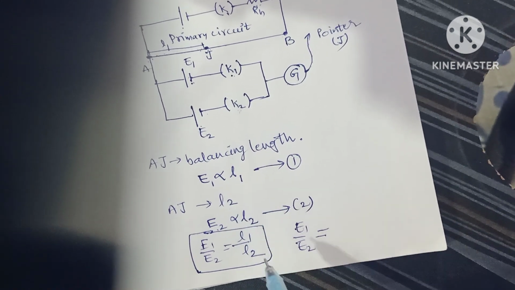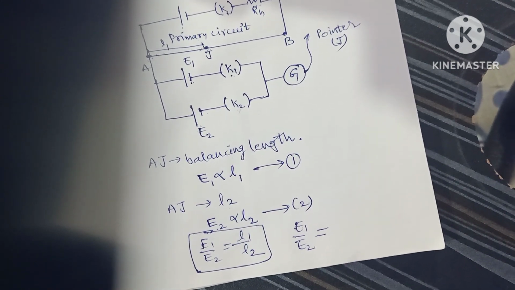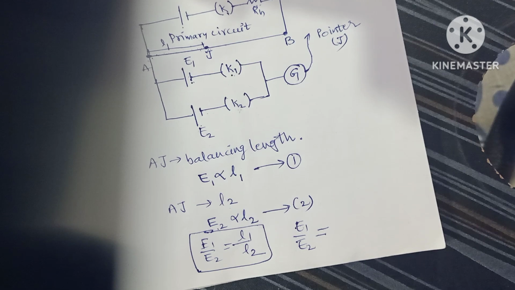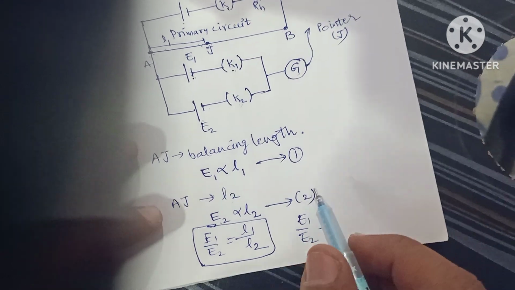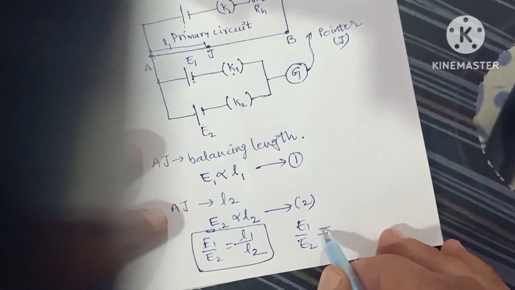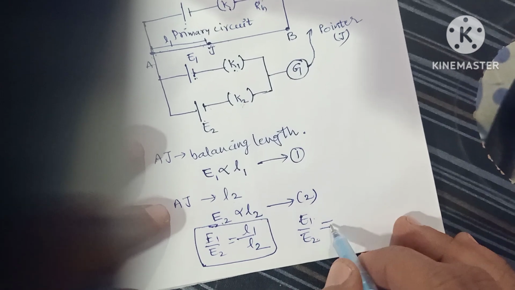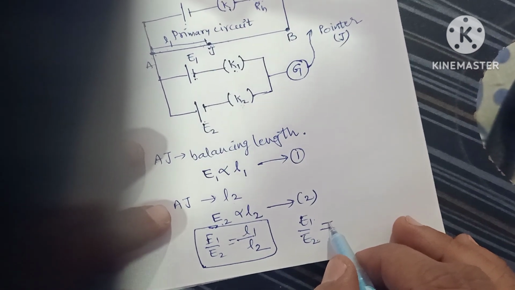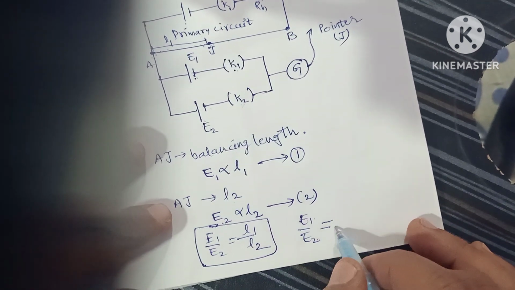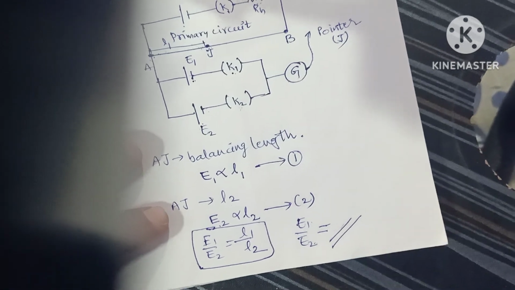If we compare equations 1 and 2, E1 by E2 is equal to L1 by L2. If we repeat it 3 to 4 times with different values of current and by adjusting the rheostat, the average value of E1 by E2 can be calculated. This is the answer for the question. Okay, thank you.